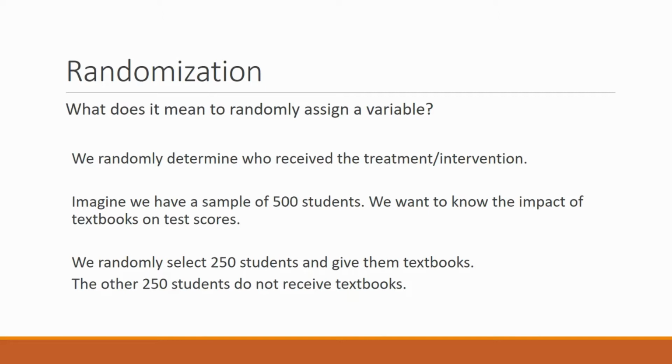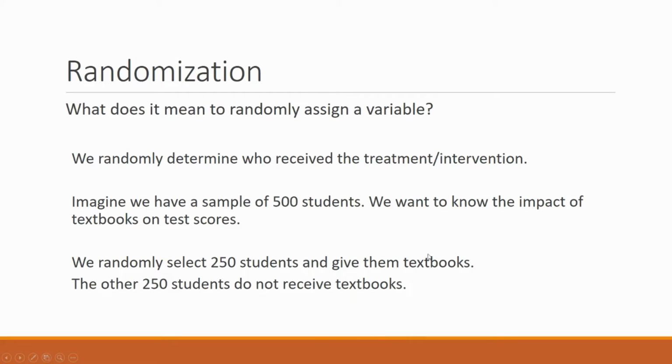The other 250 students do not receive textbooks. We take the sample of 500 students, randomly pick 250 of them, and give them textbooks, and the other 250 do not receive textbooks.